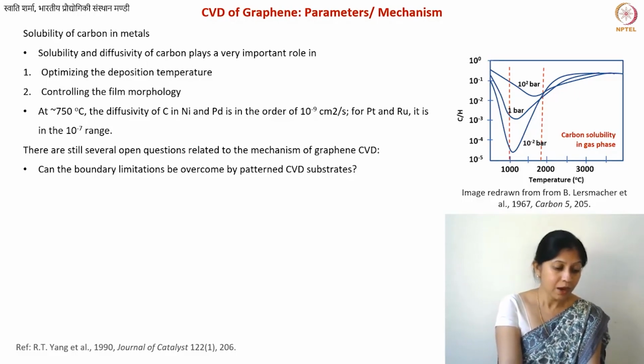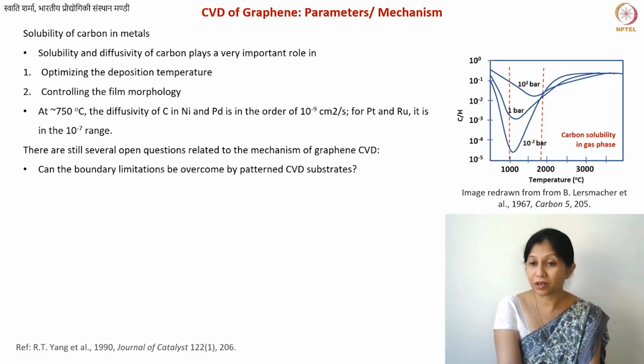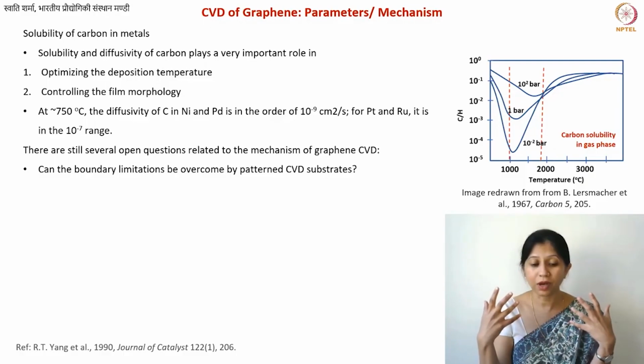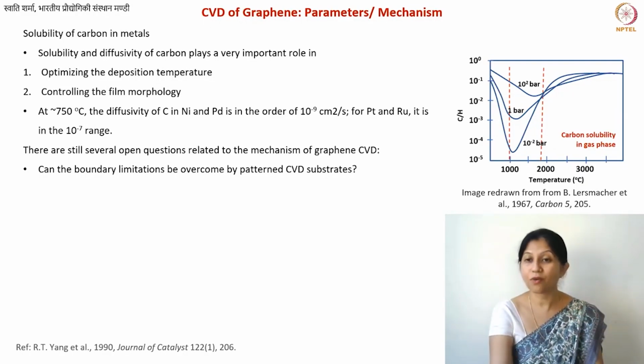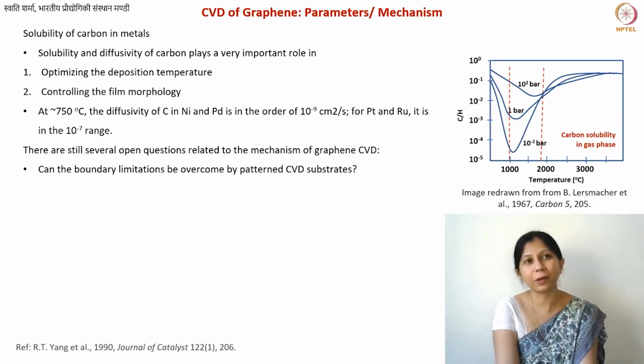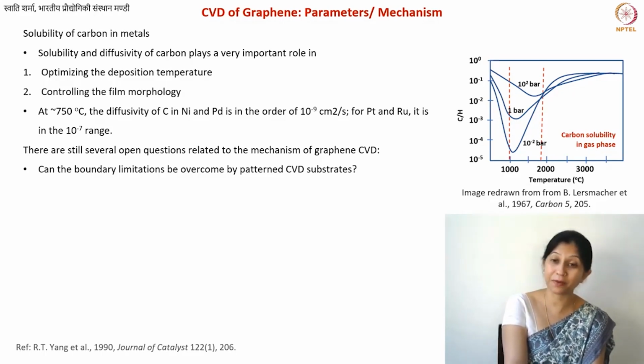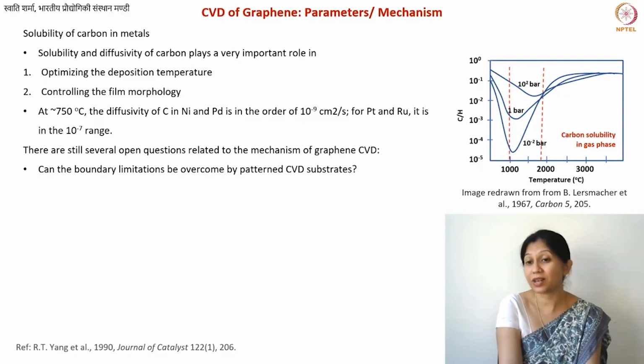So for example, the boundary layer makes a lot of difference, and it influences the diffusion. So what can you do to your substrate to overcome the boundary layer? Can you, for example, perform some microfabrication, some sort of patterning of the substrate that can help you overcome the boundary layer conditions?